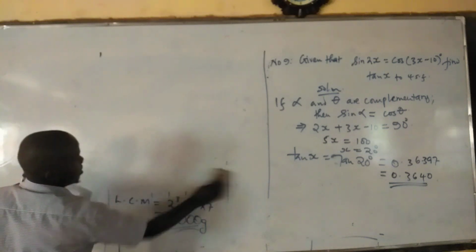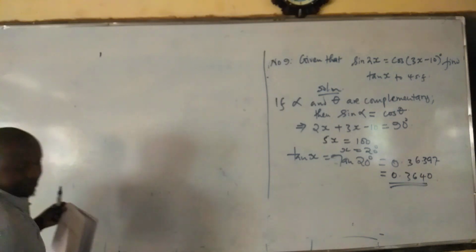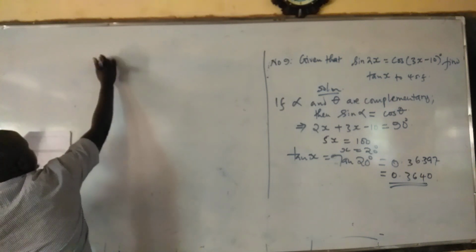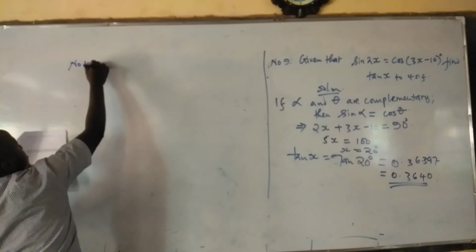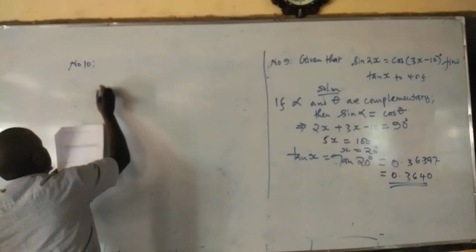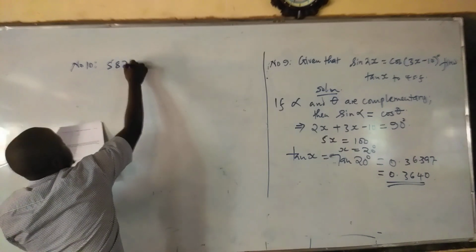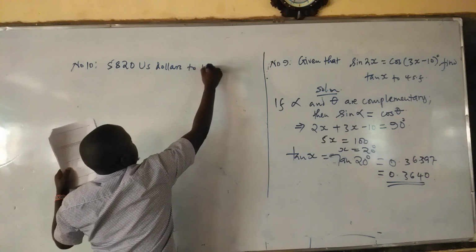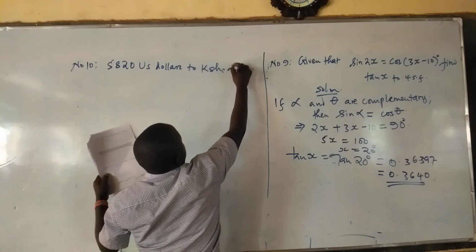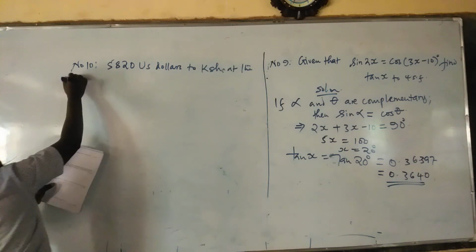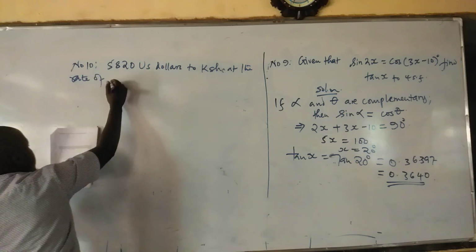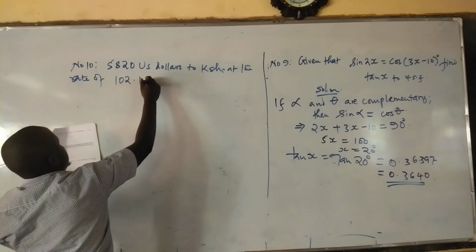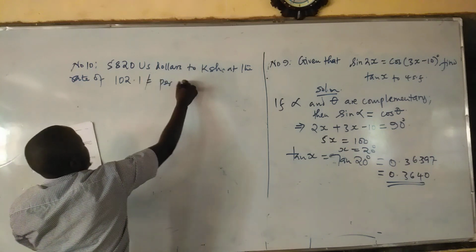We can check what number 10 required. For number 10, we are told a tourist converted 58,200 US dollars to Kenya shillings at the rate of 102.1 shillings per dollar.